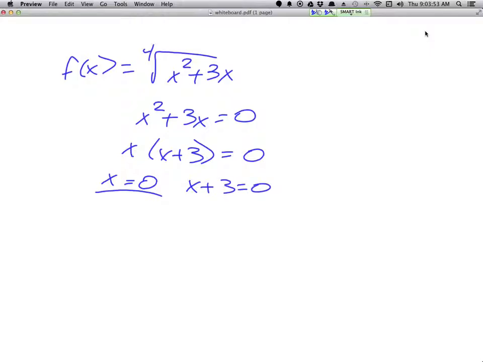Okay, I can't do anything else to that one. That one's done. This one gives me x equals -3. So I've got my two numbers. So since it was an even radical, I set it equal to 0. I've now solved for my numbers. What's the next step? Number line. Good.